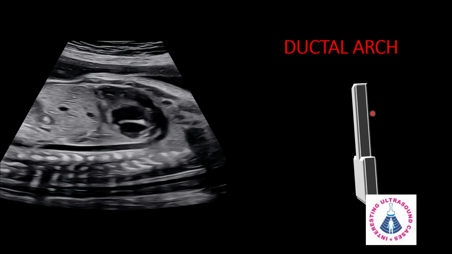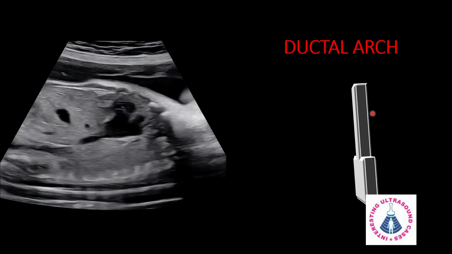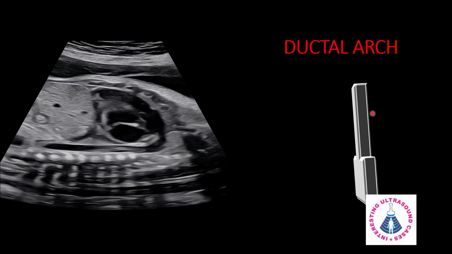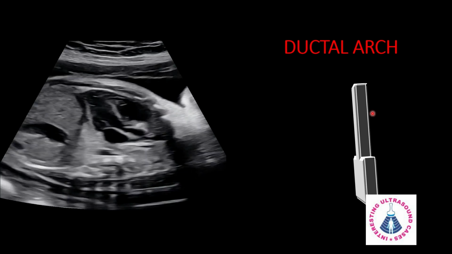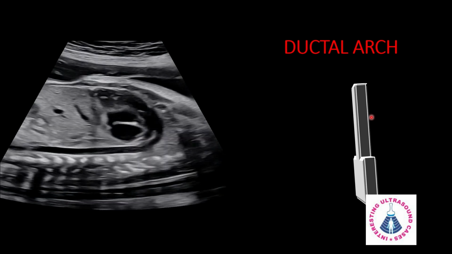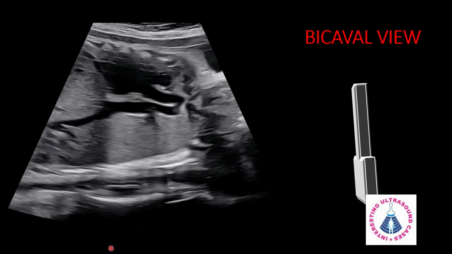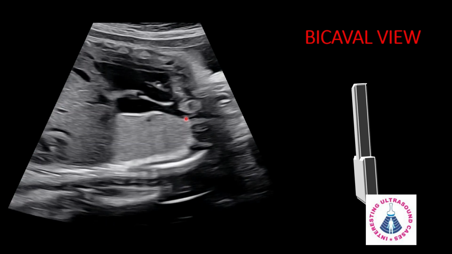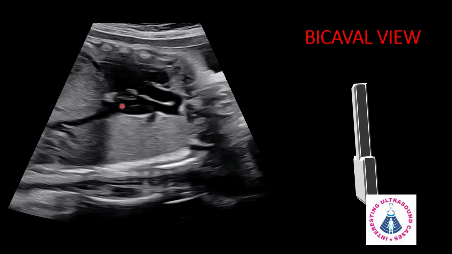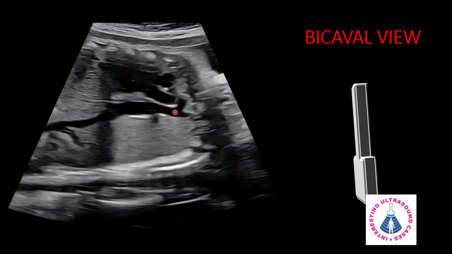It is also obtained by rotating the probe 90 degree from the 4-chamber view to get the sagittal section of the fetus, and getting this view, we can see the bicaval view of the fetal heart. Here we can see 2 vena cava, superior and inferior vena cava, draining into the right atrium.